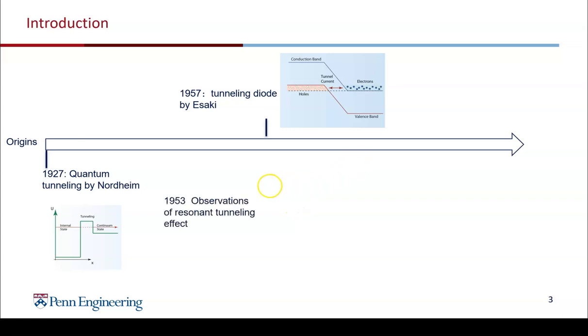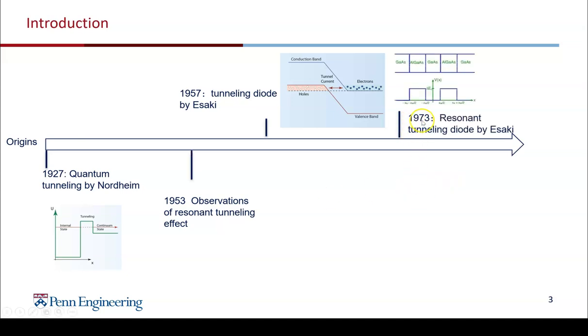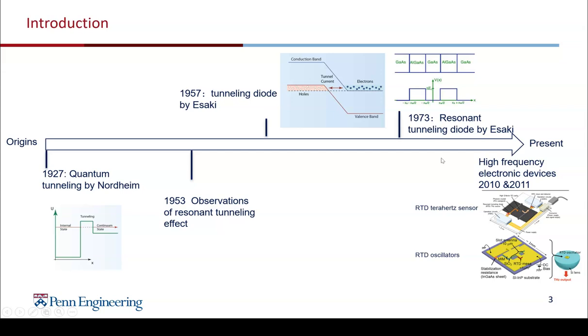Although in 1953 some people had observed the resonant tunneling effect, it had to wait until 1973, when the same Japanese scientist invented the resonant tunneling diode. At present, people are working on developing high-frequency electronic devices, such as the RTD terahertz sensor and RTD oscillators.